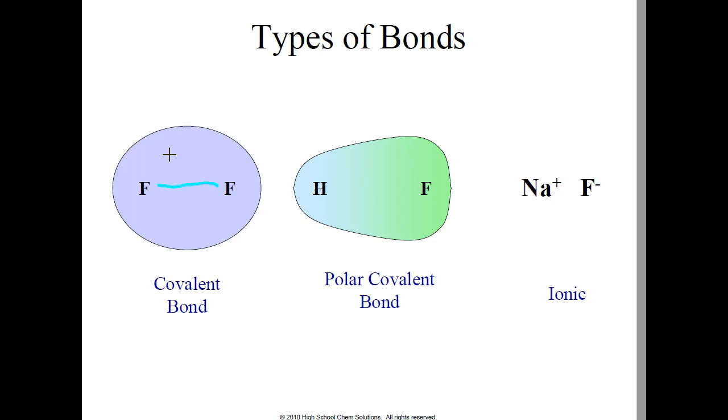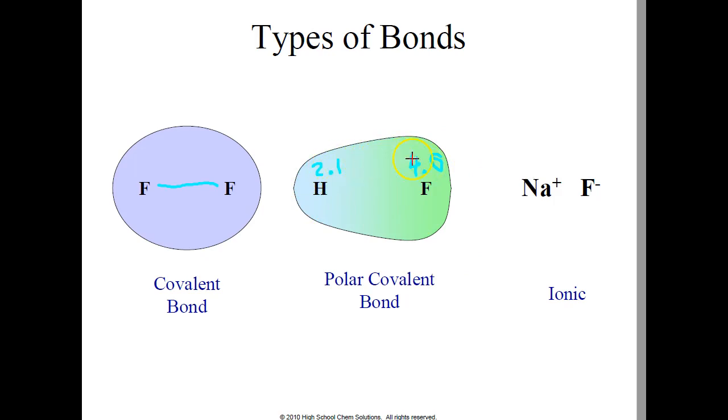However, hydrogen and fluorine, 2.1 for hydrogen, looking at that table, and 4.0, that's a difference of 1.9. So that falls in that polar covalent range. It's actually getting pretty close to being ionic. So here, they share unequally.